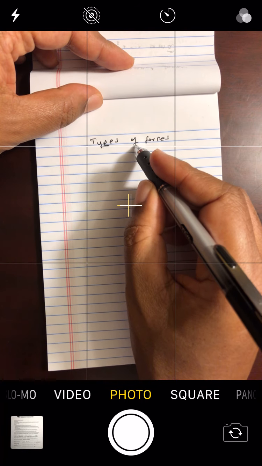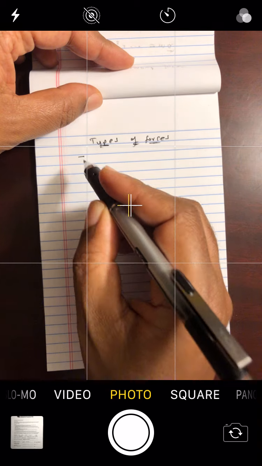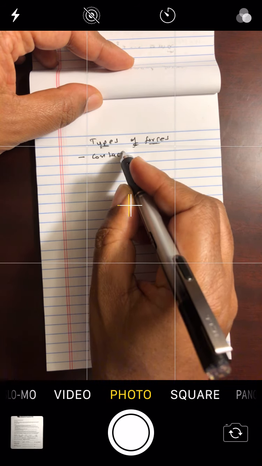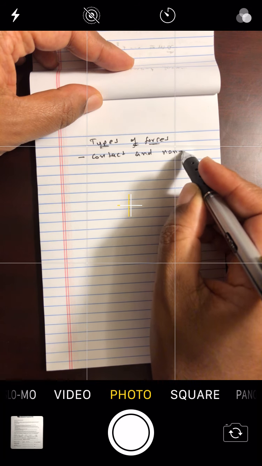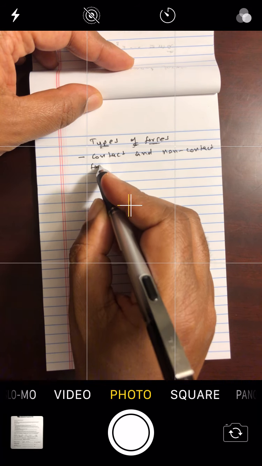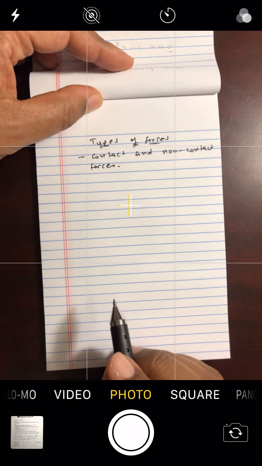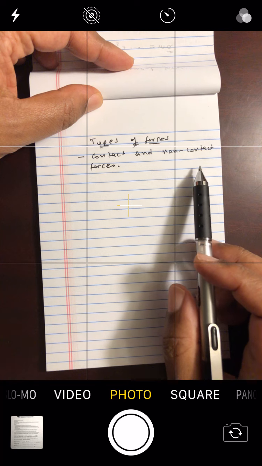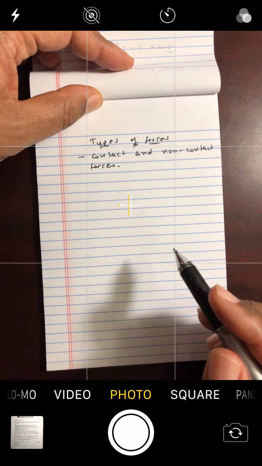Forces can be classified into contact forces and non-contact forces. Contact forces are obviously forces that exert force by touching the object, and non-contact forces are forces that exert force on the object without touching the object.